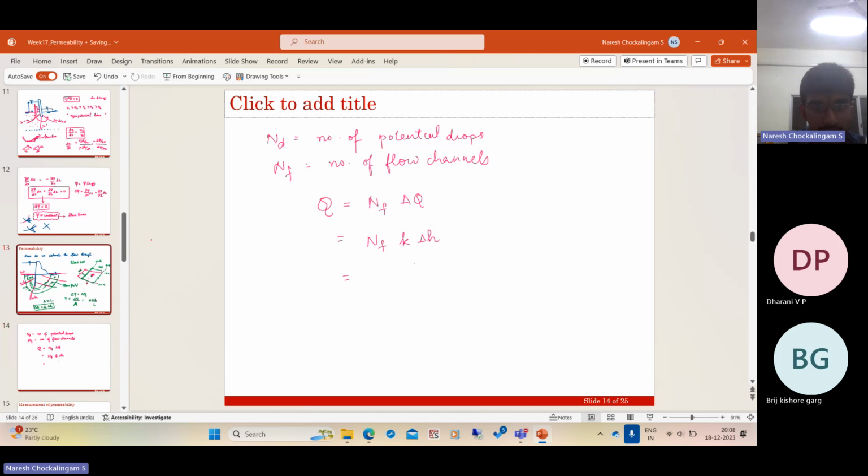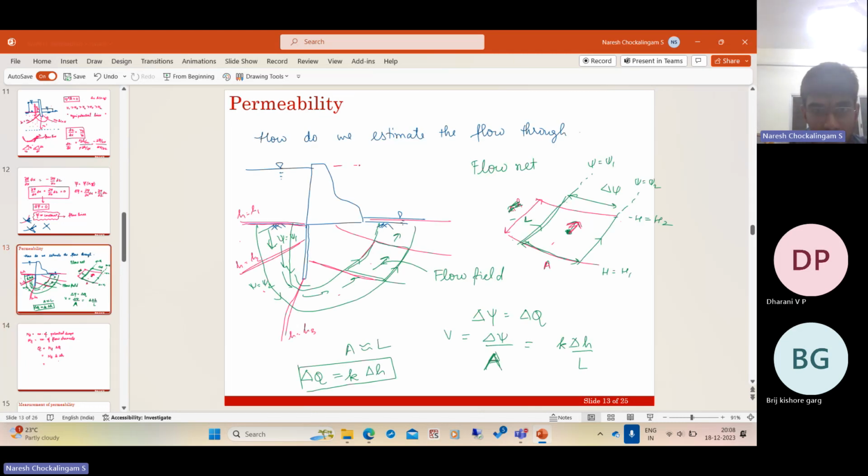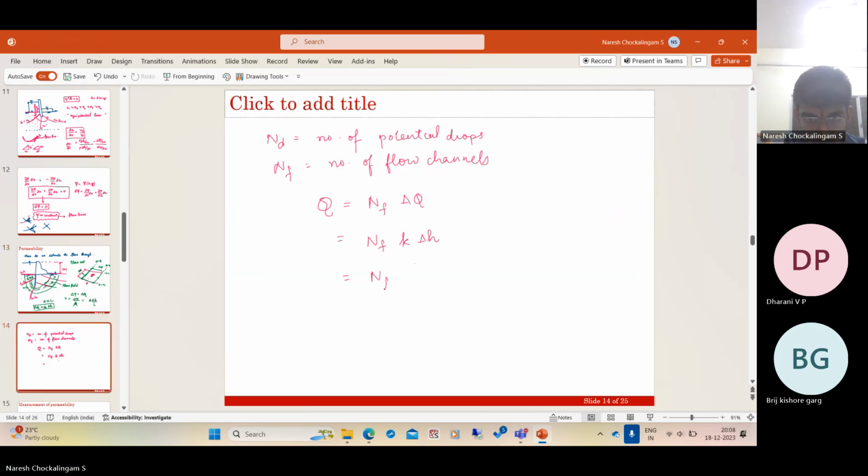If the total difference is capital delta H, and there are n number of drops, then delta H is the total drop divided by the number of equipotential drops. So this is a simplified formula we use for solving seepage problems.